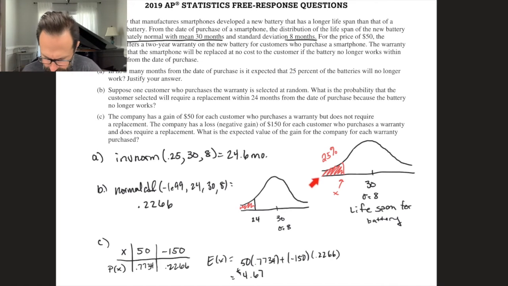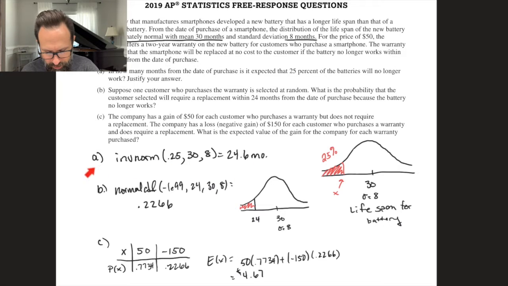And you can see that here. I drew the picture of the curve, I labeled the center, and I used sigma equals 8 for my standard deviation. And I wanted to know, if I shaded in the bottom 25%, what number of months marks off the bottom 25% from the top 75%? And the way we do that is inverse norm, right? If I have a percentage and I want to get a number out, you go backwards, and so we're going to inverse norm.